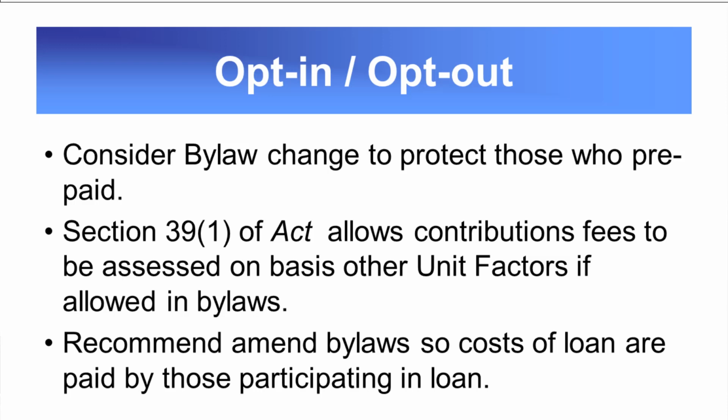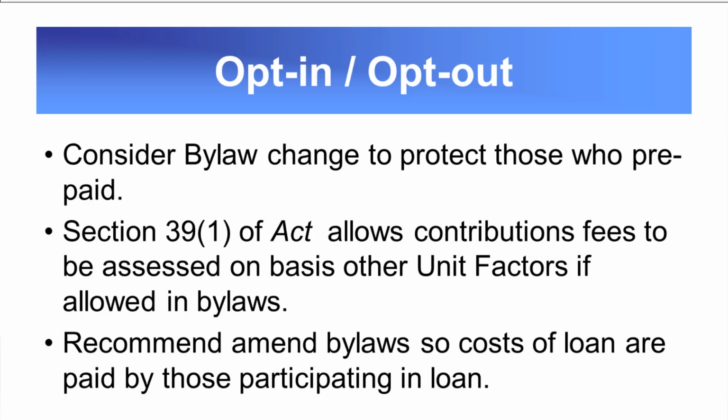And other people that haven't have higher condo fees because they're participating in the loan. And the bylaw makes it expressly clear that the costs of the loan are allocated amongst those people on a pro rata basis according to their condo fees or whatever, the unit factors that are participating in it. And so if there ever is a special assessment by the lender, who is the special assessment going to be to? Those participating in the loan, because it expressly says it in the bylaws.